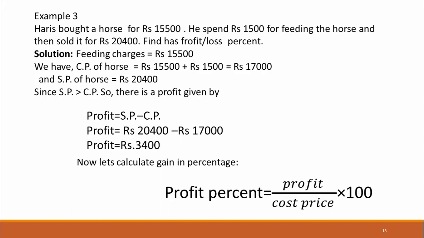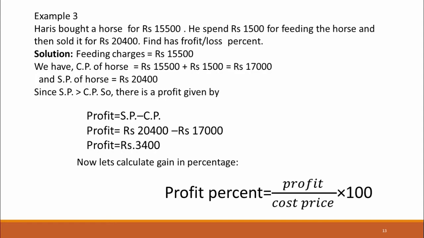So the feeding charges here is 1,500, and so the cost price for the horse is 15,500 plus 1,500. So the total cost is 17,000.